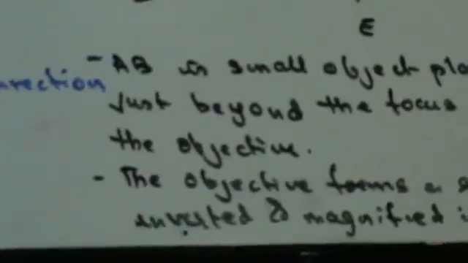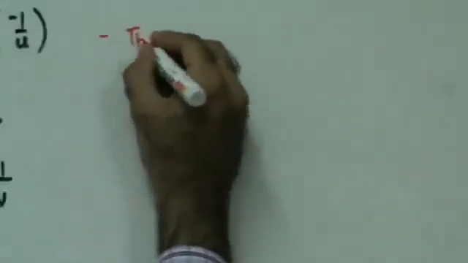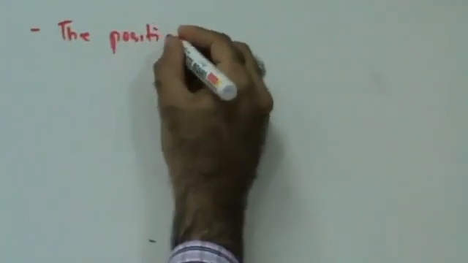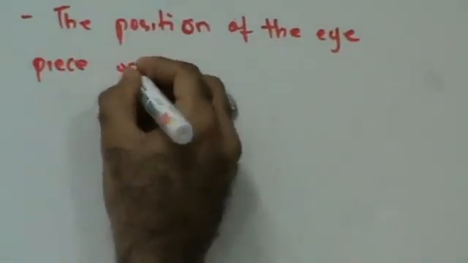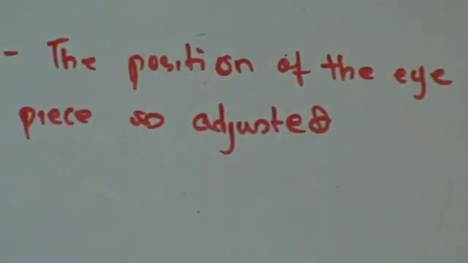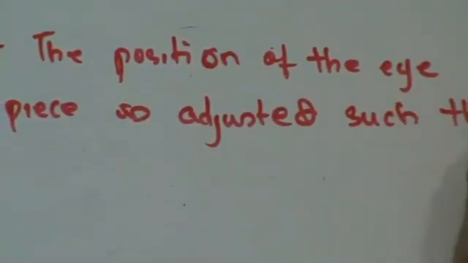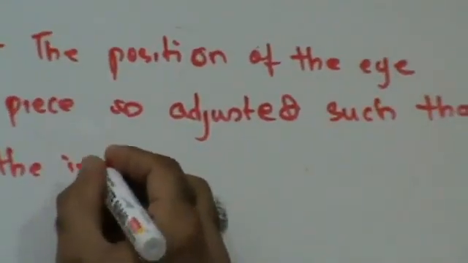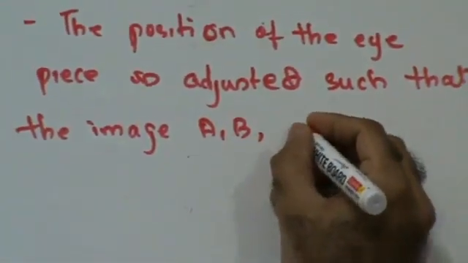Now the position of the eyepiece is adjusted such that the image A1 B1 lies within its focus.